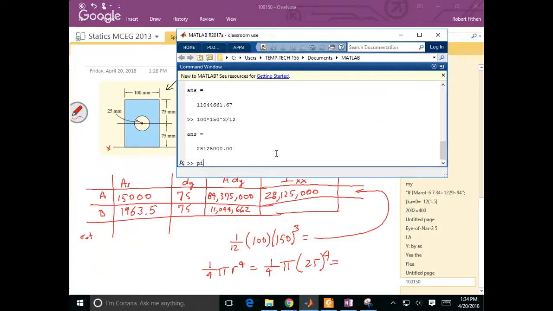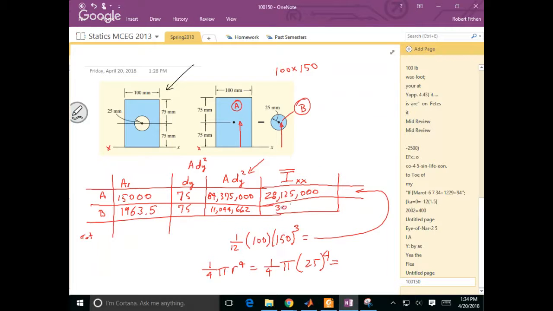Pi times 25 to the 4th divided by 4. Okay, 306,796, I think.